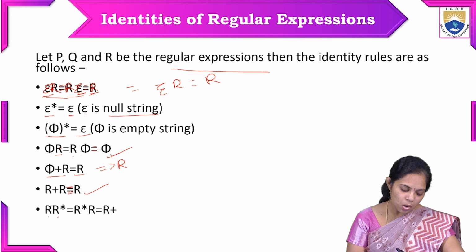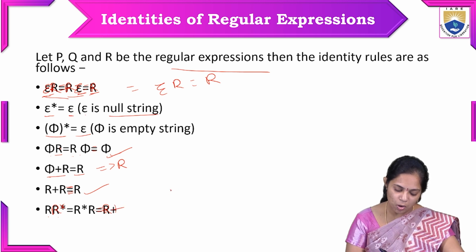And here R star, the closure of R, and R plus is nothing but R star excluding epsilon.